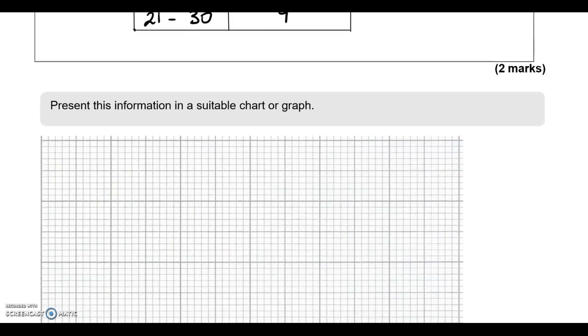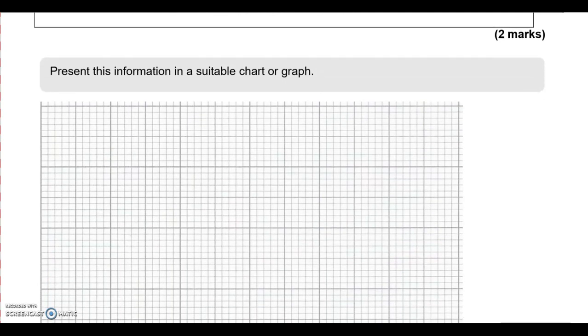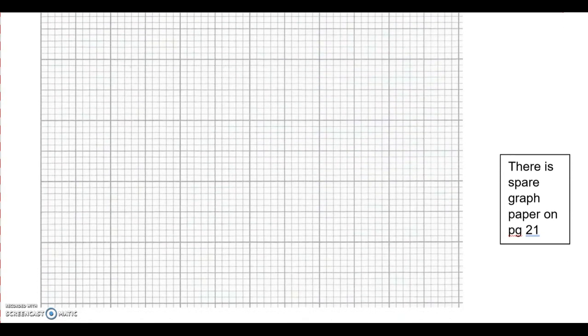We've got to present this information in a suitable chart or graph. So we're going to show the 3 groups horizontally and frequency vertically.